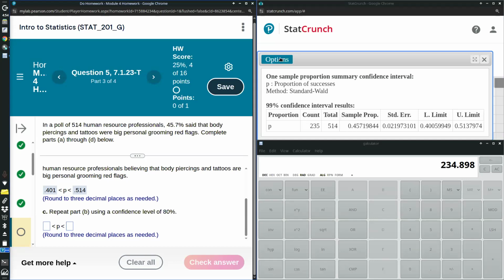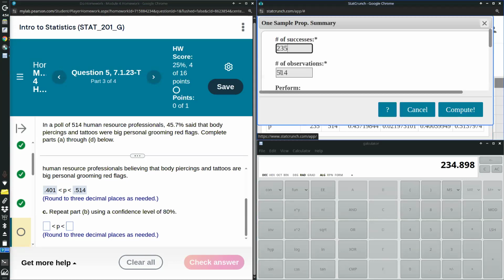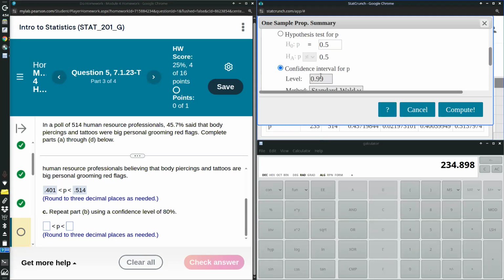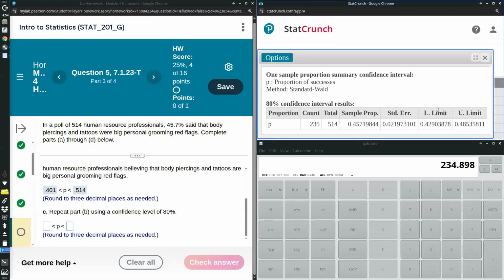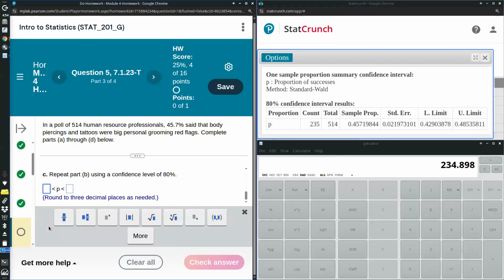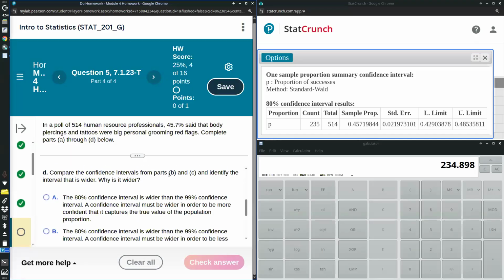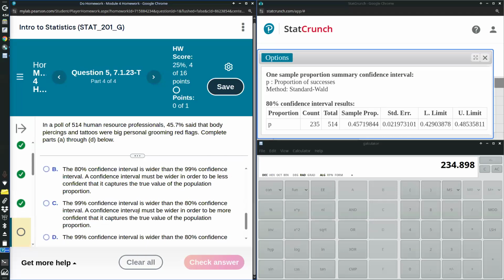Okay, so then it says repeat using 80%. So again, we can edit and just change that 0.99 to 0.8. And notice we're getting a much tighter window, 0.429 to 0.485. So notice the 80% confidence interval is not wider, it's narrower.